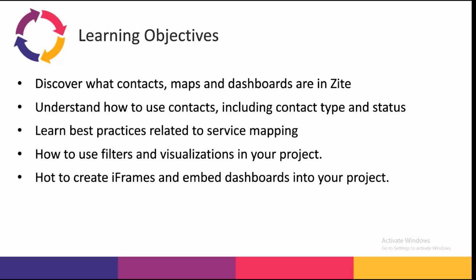We'll learn some best practices involved in how to use contacts, and one of the ways is for service mapping, and how to create filters and visualizations in your project that relates to the maps feature, and how to create iframes and embed dashboards into your report. That relates to the dashboard part of the session.